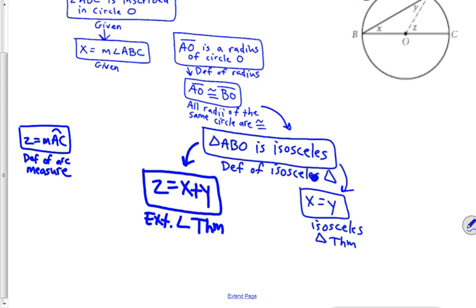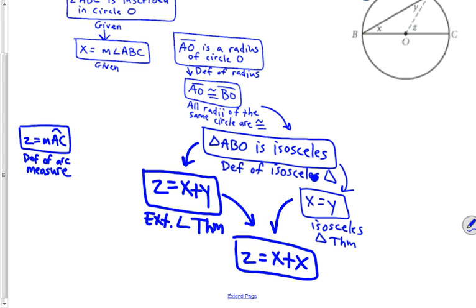So now we're going to substitute X in for Y, and we're going to get Z equals X plus X. And that's coming from this box and this box together, and that is the substitution property of equality. So next we can combine like terms and say Z equals 2X.